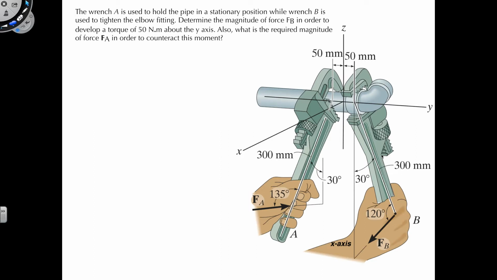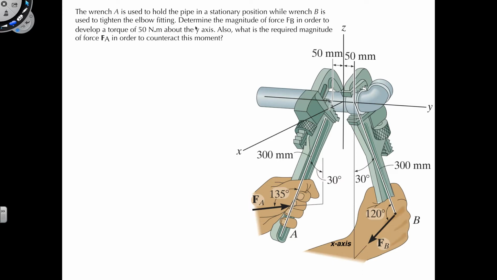One wrench is making the rotation, and the other wrench is trying to stop that pipe from rotating. So in both cases, you are applying a moment. One moment is needed to make the rotation, and the other moment is needed to stop that rotation. Is it okay? Clear what I'm saying?